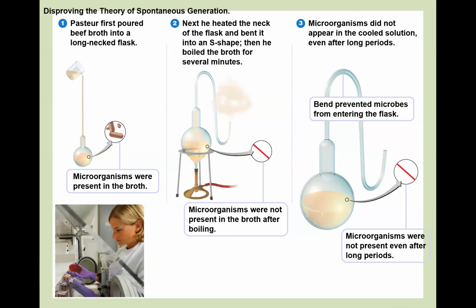The microorganisms didn't appear even after the solution cooled. This bend in the neck really prevented any microbes from entering the flask, and there were no microorganisms even after long periods of time. So he really helped to debunk spontaneous generation because it showed that microbes were present in the air.